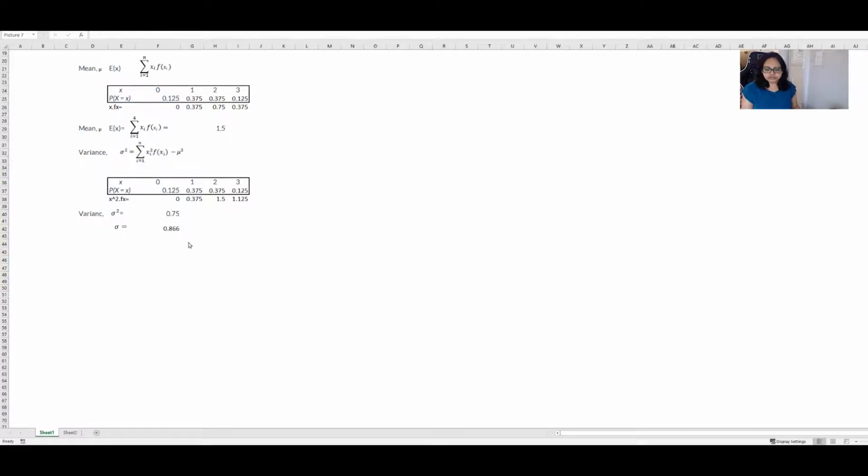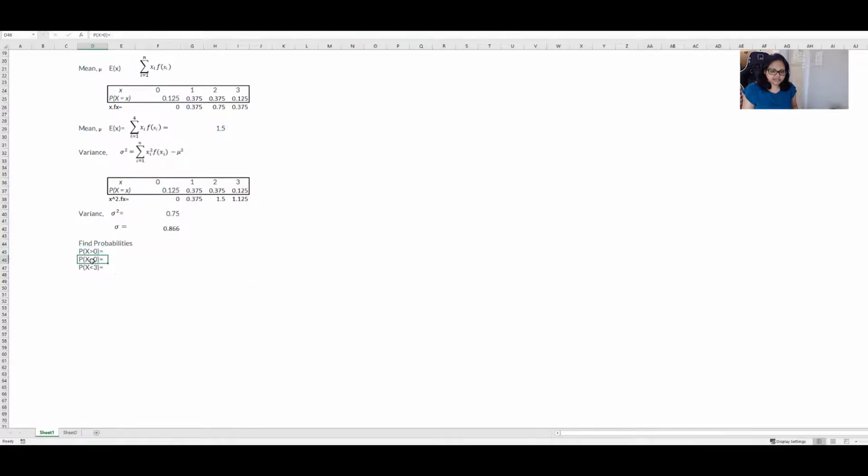Now my question to you is how we can find the probability if the random variable value is more than 0. In this table, if it is more than 0, that means we are talking about the probabilities if the random variable value is 1, 2 or 3. If you sum them, then we can get the probability of more than 0.